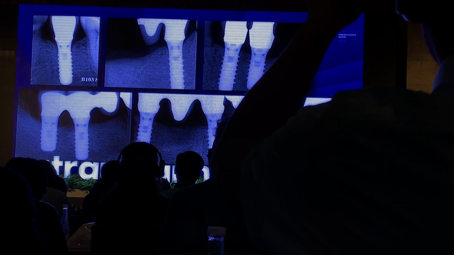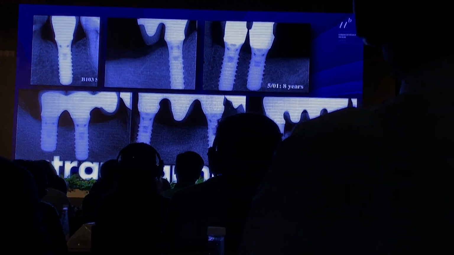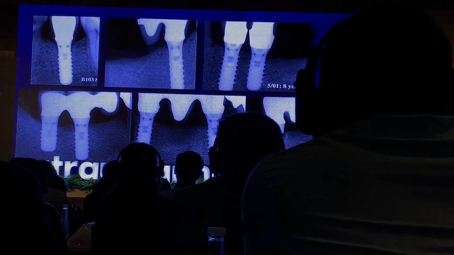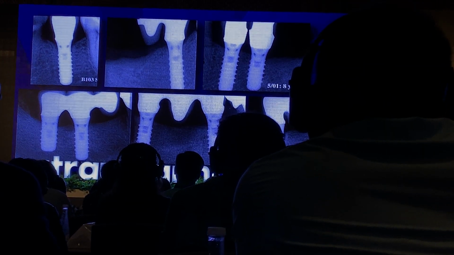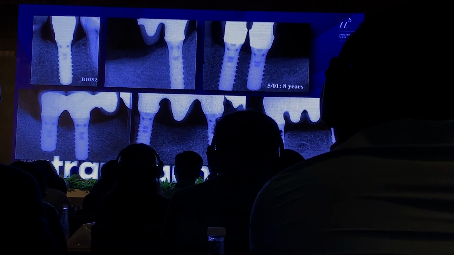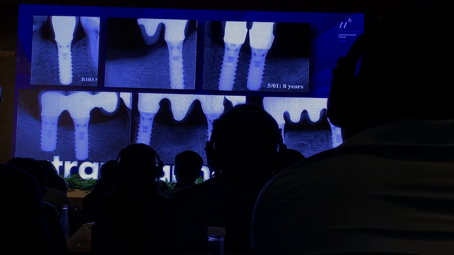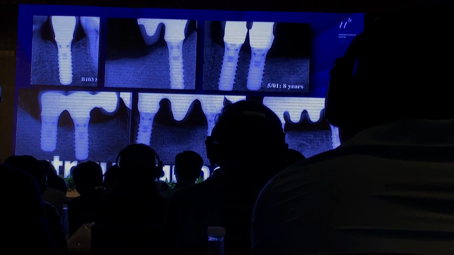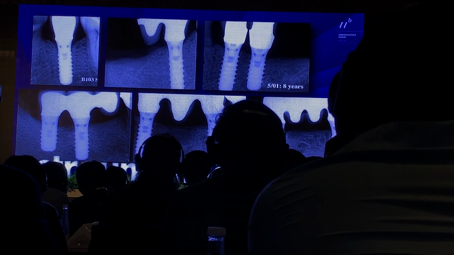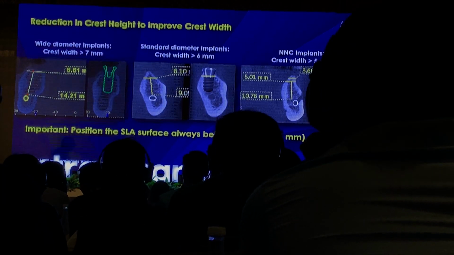We can have 2 implants and 4-unit bridge. I have cases with 2 strong implants, 5-unit bridge. That works. So it can be the posterior maxilla, mesial cantilever for smiling. Very good. That works very nicely. So a lot of flexibility for that.